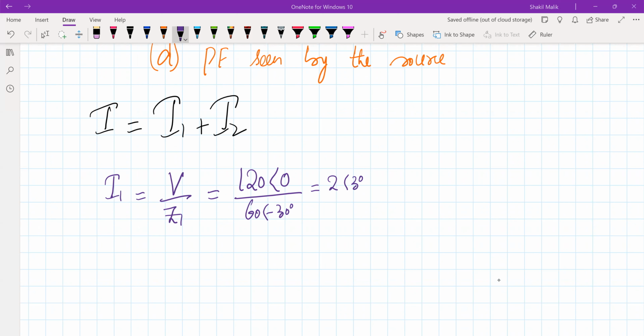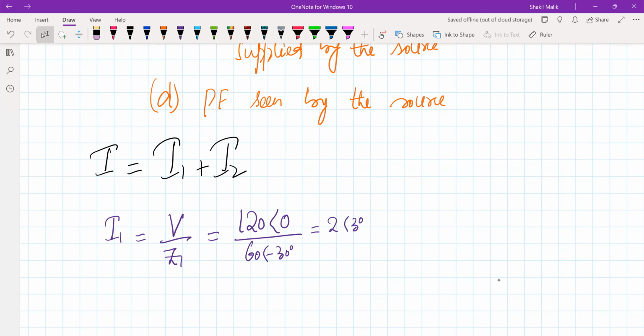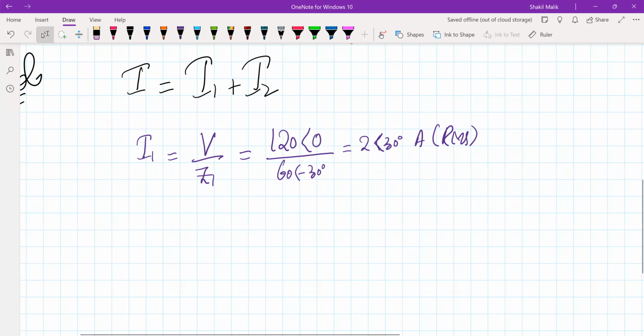So the current flowing through element Z1 is 2 at an angle of 30 degrees, in amperes. This is not 3 degrees, this is 30 degrees. It is the RMS value because the voltage is given in RMS, so the current will also be in RMS.